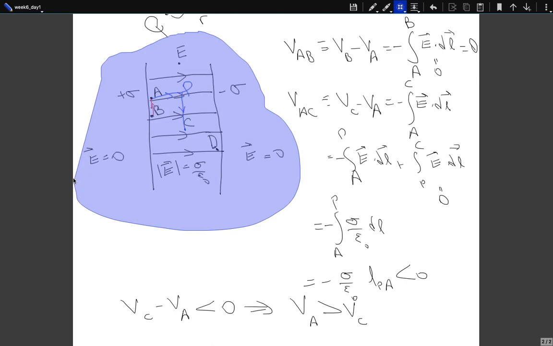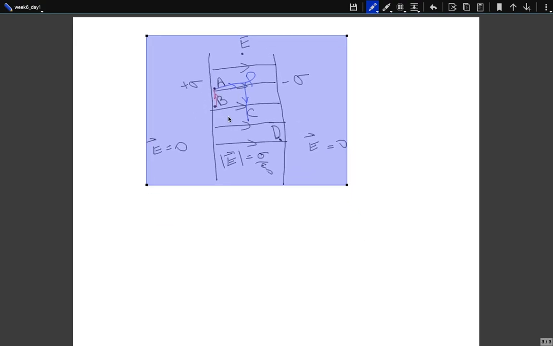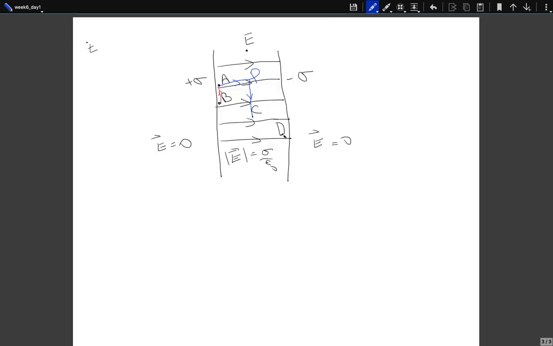So let me take exactly the same system. I have the same points, the same electric field. But I will be changing the question slightly.